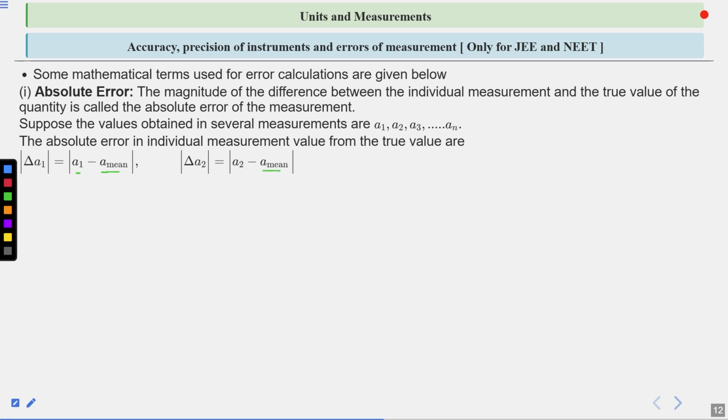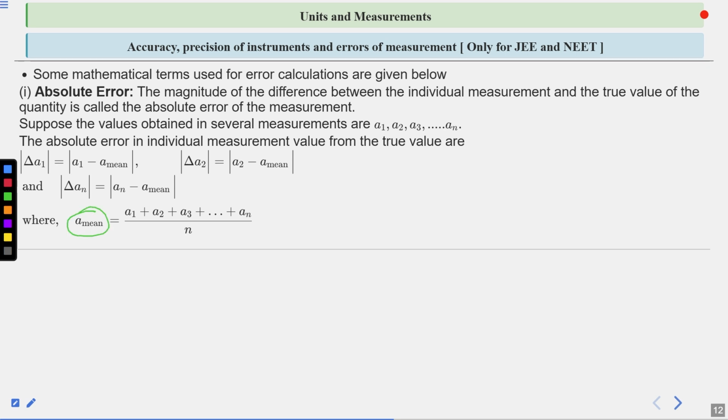So this shows the absolute error. And |ΔAn| = |An − A mean|, where A mean is equal to (A1 + A2 + A3 + ... + An) divided by n. So this is the formula to calculate the mean value of the given data.